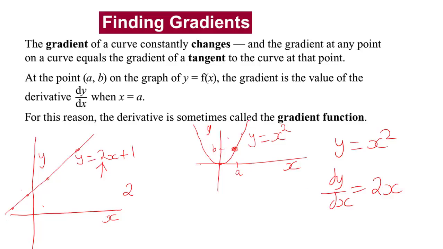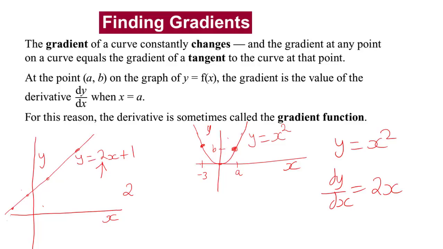So for this curve here, to find what the gradient is at any particular point, I will need to do 2 times what x is there. So at this point here, I will need to do 2 times a because x is a there, okay? And maybe somewhere here, I'm going to do 2 times what x is here. Let's pretend x is negative 3 here, okay?